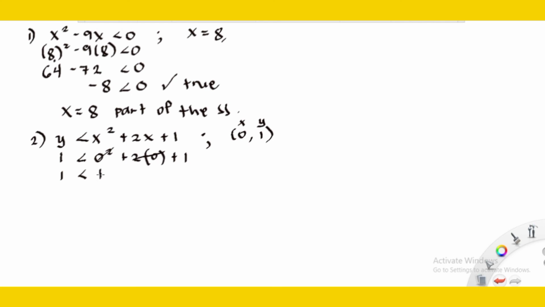So what's left is positive 1. Now let us check. Is 1 less than 1? Is 1 lower than 1? Actually, this is not true. Okay, it is not true because these two are equal. Alright, so it means that (0, 1) is not part of the solution set.